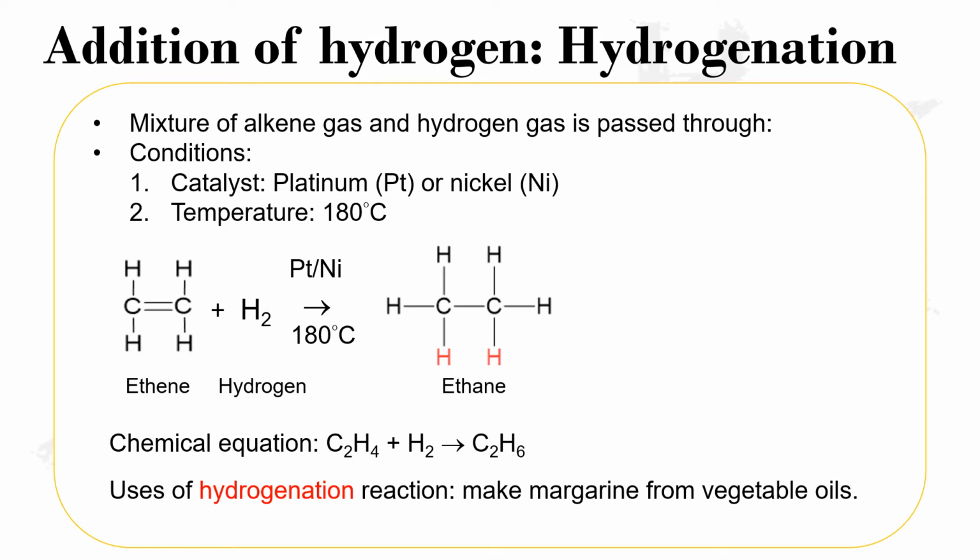A mixture of hydrogen and the alkene gas is passed through the catalyst at a specific temperature to produce an alkane. Okay, this is a special part. If you see the example, ethene, you mix with hydrogen gas, and you use either platinum or nickel at 180 degrees Celsius, then the final product is ethane.